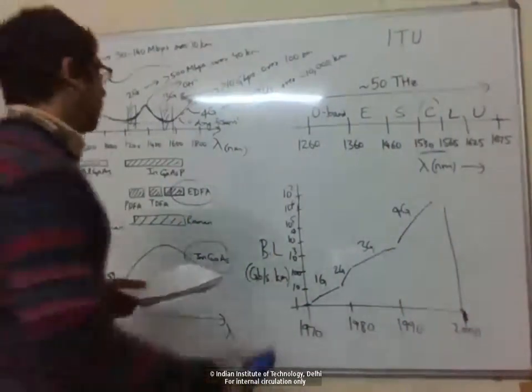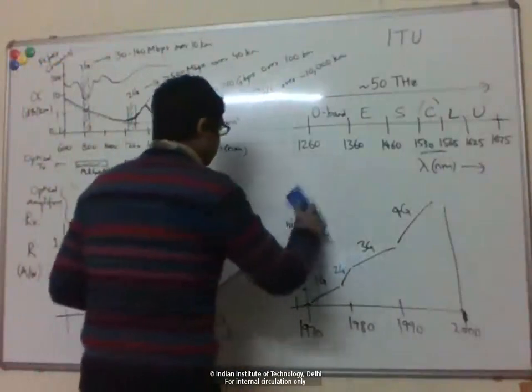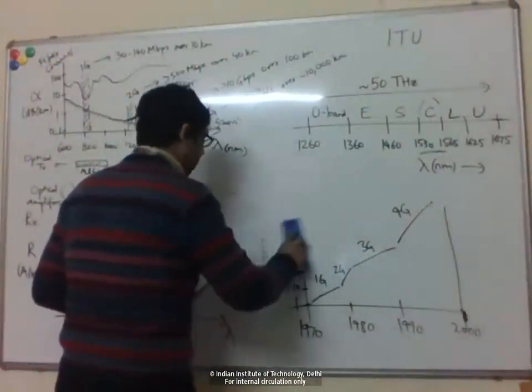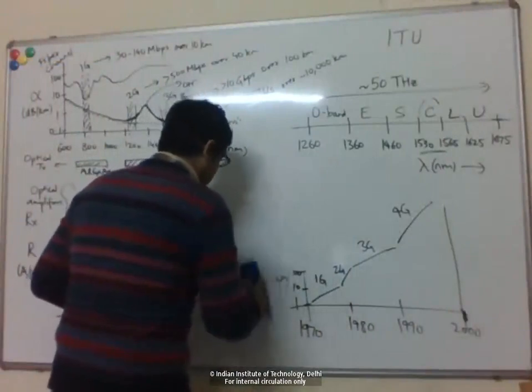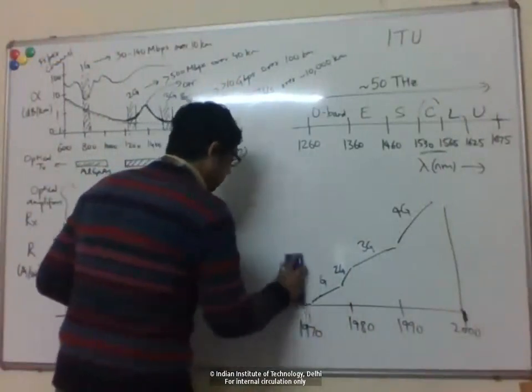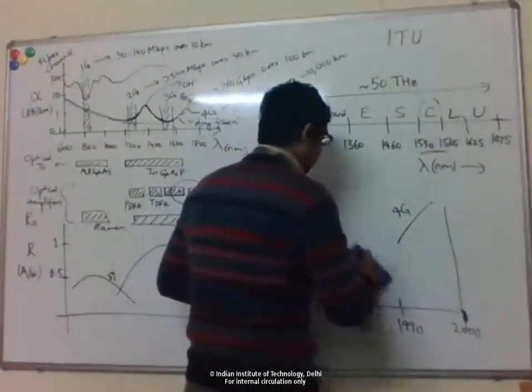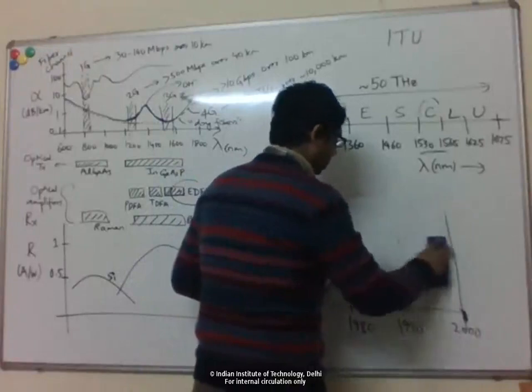Right. So now, if you look at this in terms of channel capacity, right? So again, you or you guys should be aware of this Shannon's theorem, right? Which tells you what is the capacity of a communication channel.